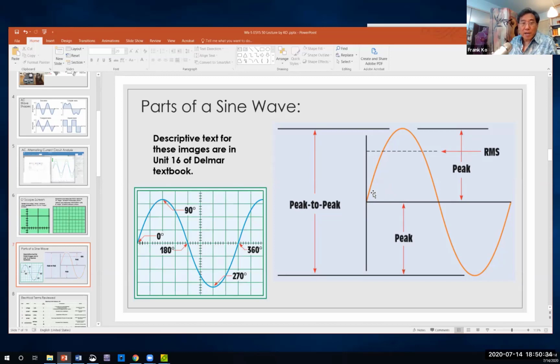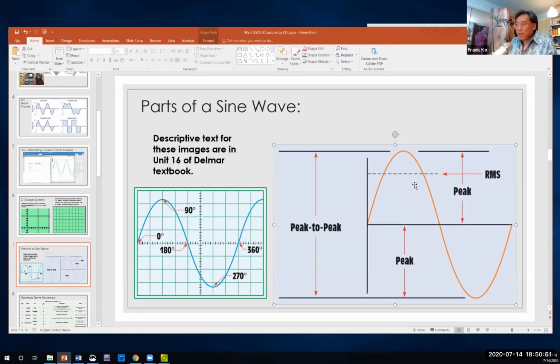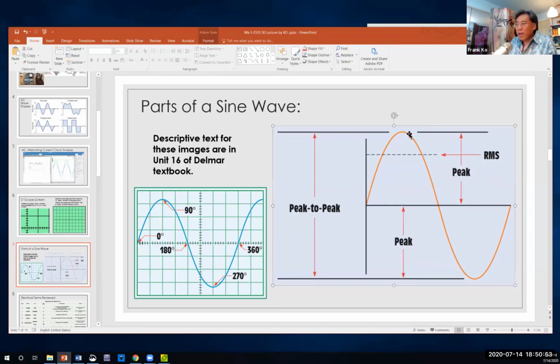Are you looking at my slide? Yes. And can you see this? Okay. So do you see where the mouse is hovering around? This is the positive half cycle. Everybody, this is the positive half cycle. And if I say that the positive half cycle reaches up to a 7 volt peak, that's as high as this is going to get from the 0 line up to the peak.